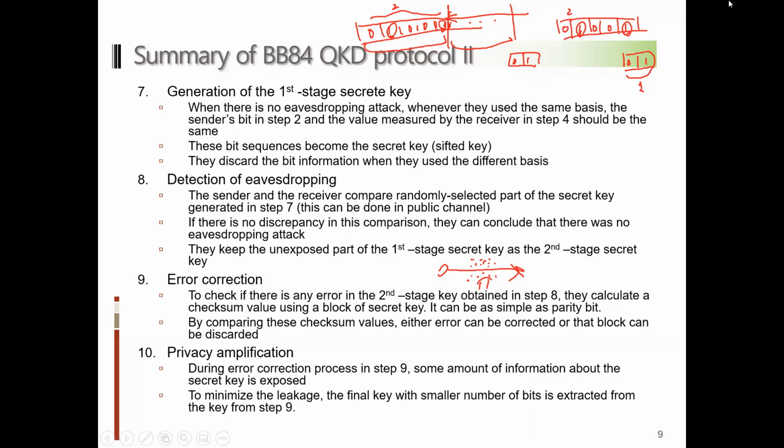Because if we know the fact that the number of ones in this sequence is one, that means, let's say the first bit is x and the second bit is y, then we basically share the information that the summation of x and y is one.